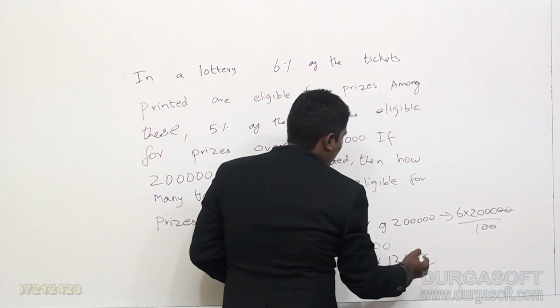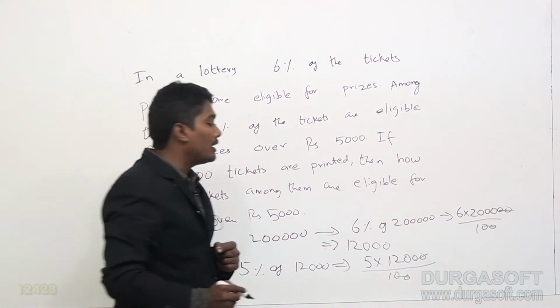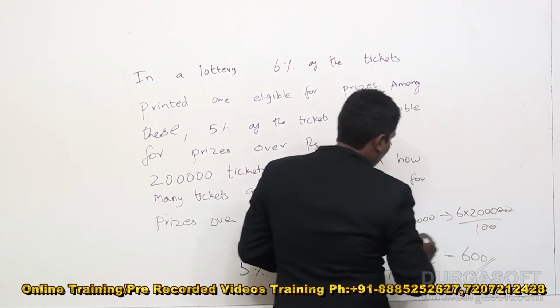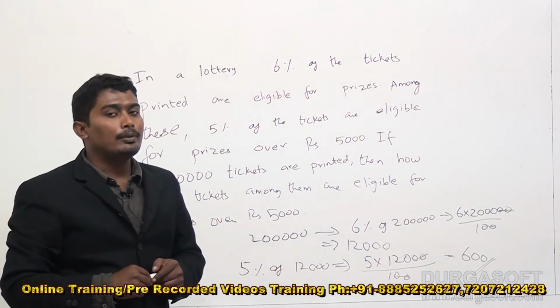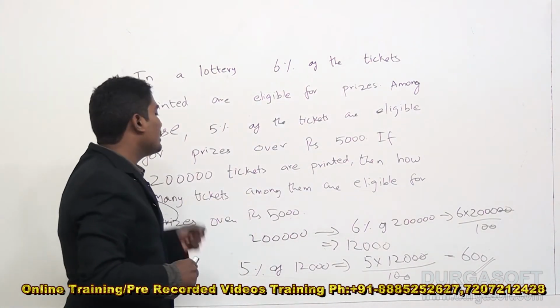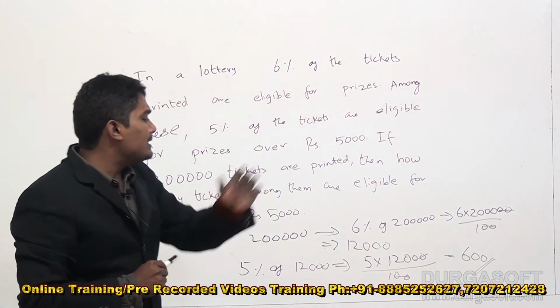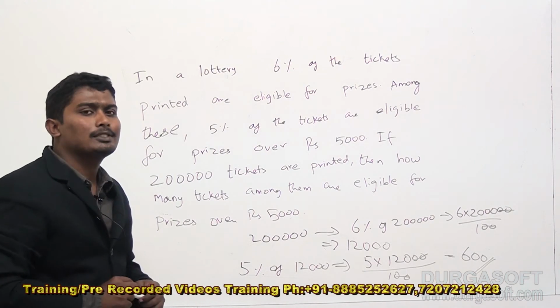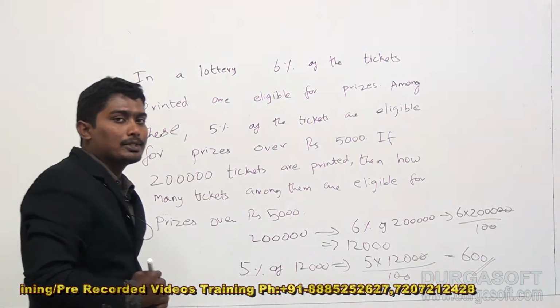So the zeros will cancel. So 5 into 120, which is 600, which means among these 2 lakh tickets, only 600 tickets are eligible for prizes of over 5,000 rupees. And that will be the answer for this question.